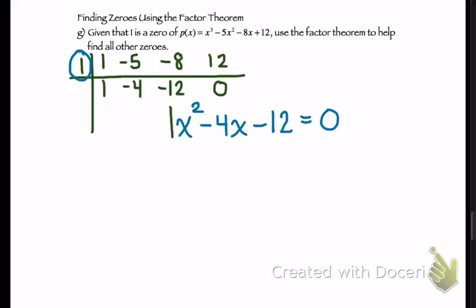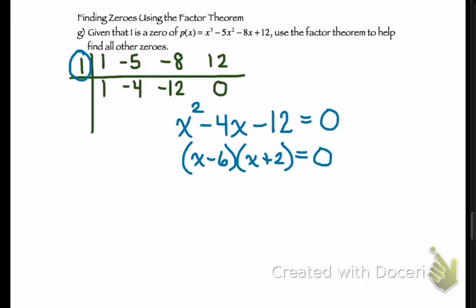So that must mean that the way that I factor this, I find 2 numbers that multiply to get this. Those same 2 numbers have to add to get this. Okay, so 2 numbers that multiply to get negative 12, add to get negative 4. Obviously, it's negative 6 and positive 2.